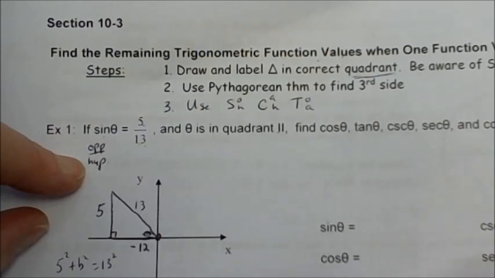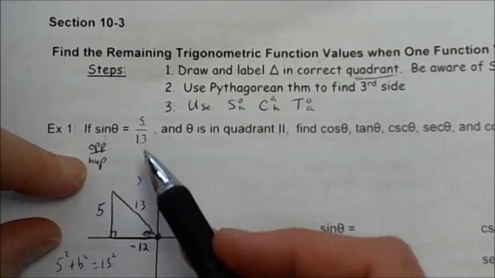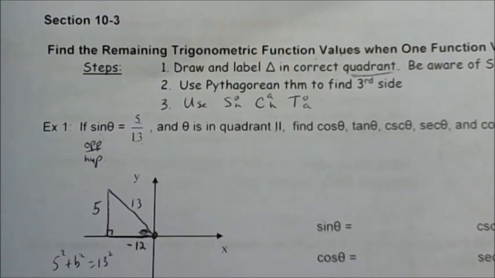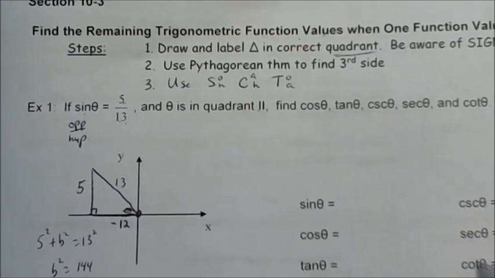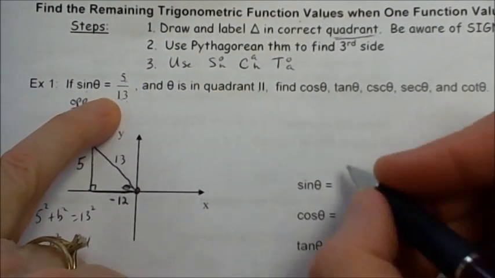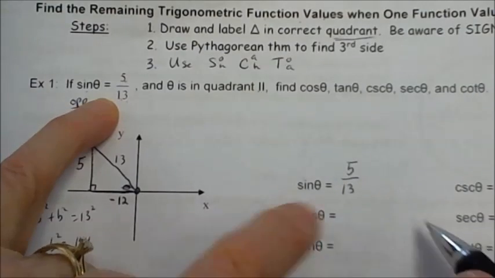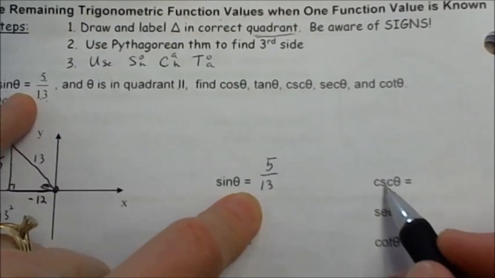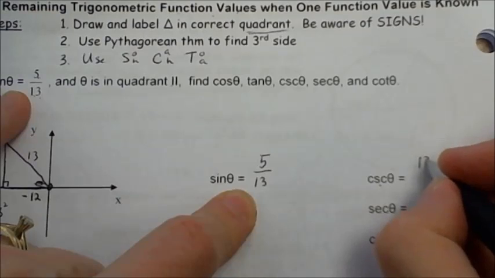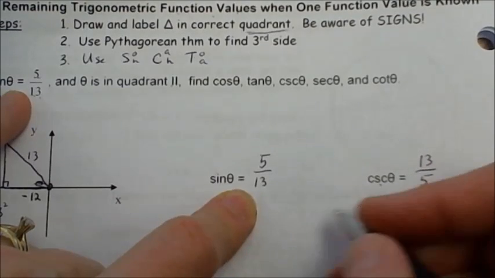And now all we have to do is Sohcahtoa to figure out the cosine, tangent, cosecant, secant, and cotangent. What's nice is the sine is given to us, so we just copy over sine as 5/13. Because the cosecant is the reciprocal of the sine, you can just flip that upside down and call that 13/5.